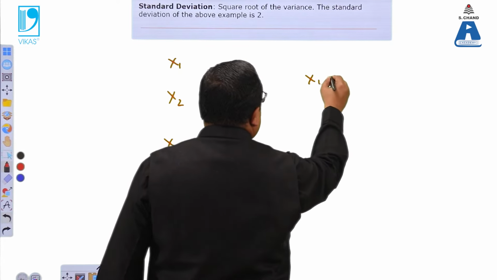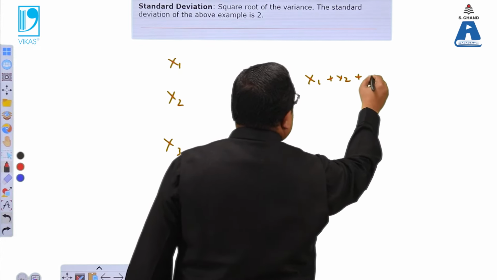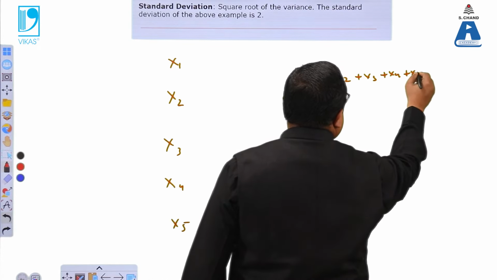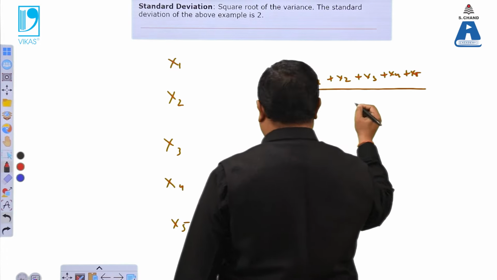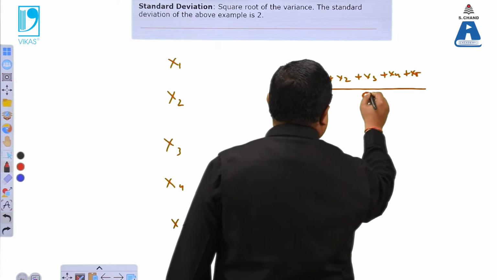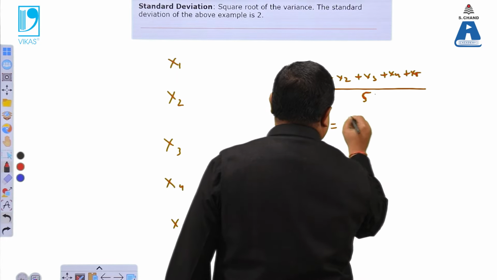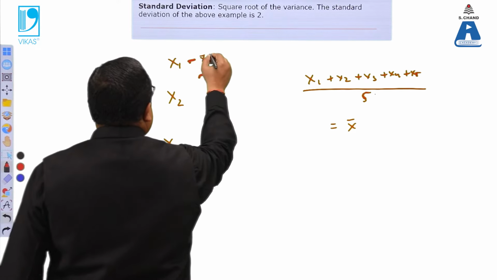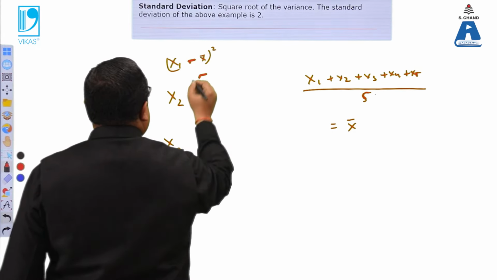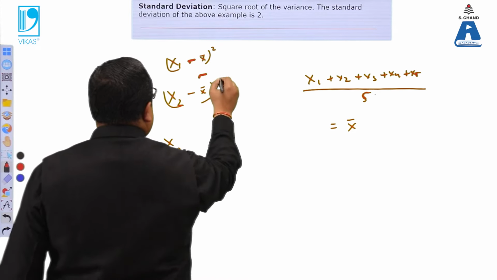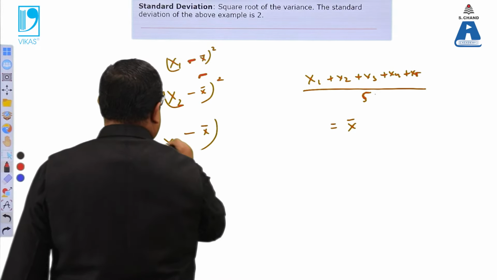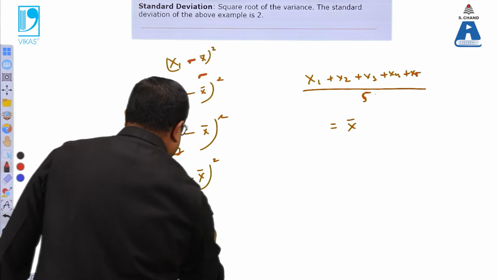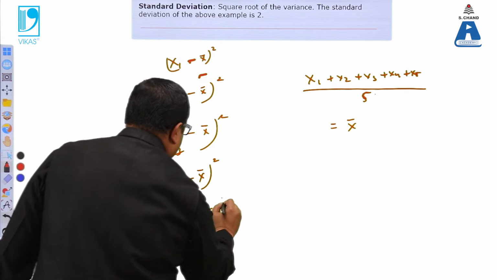So the mean will be x1 plus x2 plus x3 plus x4 plus x5 over 5. So here we get the mean. Suppose the mean is x bar, then the formula will be x1 minus x bar whole square, x2 minus x bar whole square, x3 minus x bar whole square, x4 minus x bar whole square, and x5 minus x bar whole square.